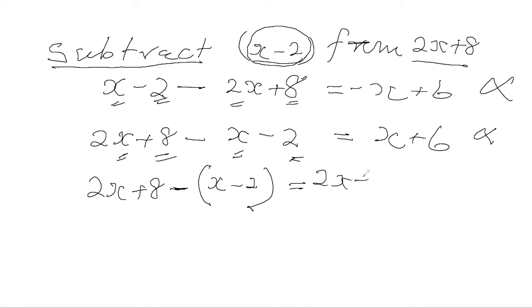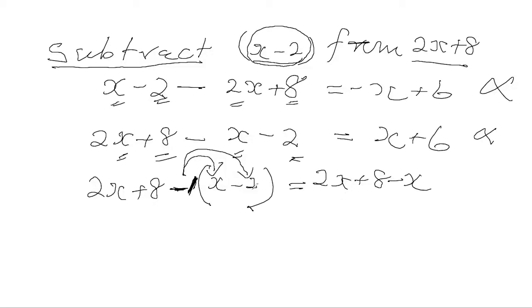2x plus 8. Remember here you have a 1 understood. Nobody writes the 1 here. If you don't have any number here, it means 1. So this is negative 1. Then you remove the brackets, means you multiply negative 1 with x, then you get negative x.